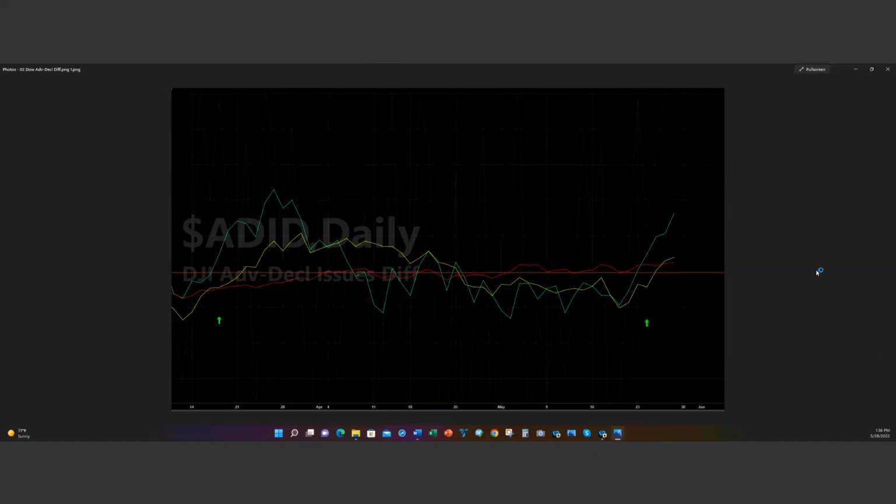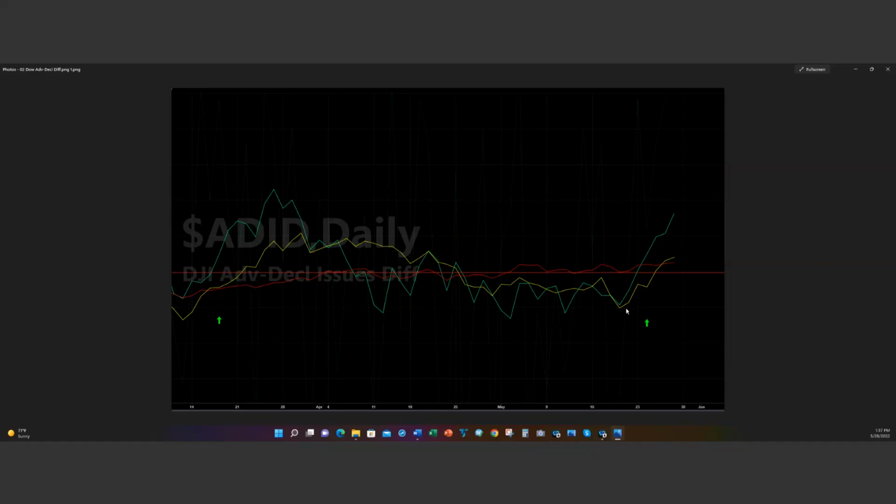It's almost 90%. This is a daily chart of the Dow Jones Advanced Decline Issues Differential Invisible Chart. Okay, you're not going to hear anybody on the internet talking about this. I haven't heard anybody, and I listen to a lot of these so-called traders.